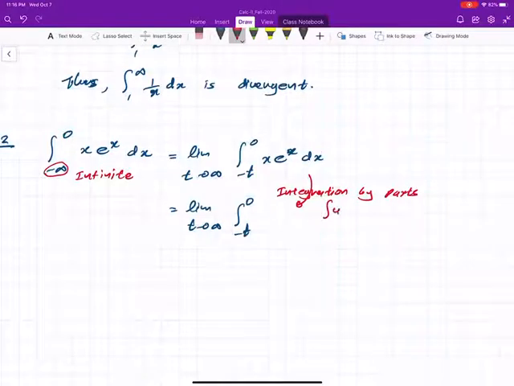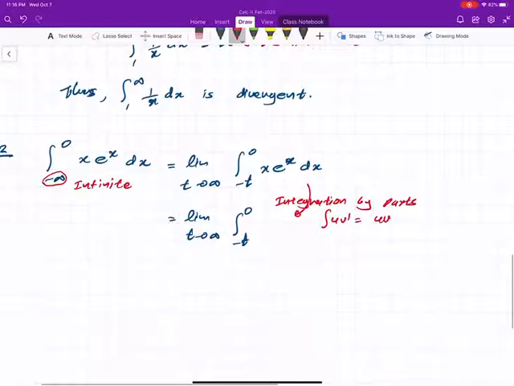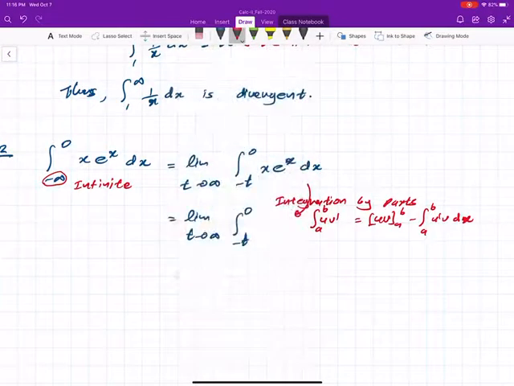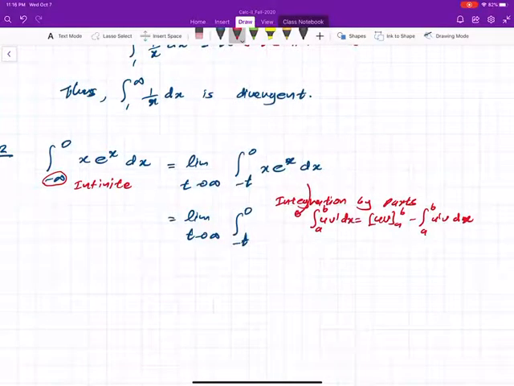The formula is the integral from a to b of u times v prime equals uv, with limits a to b, minus the integral from a to b of u prime v dx. I forgot to put dx here. Let me put that. Alright, so this is integration by parts.